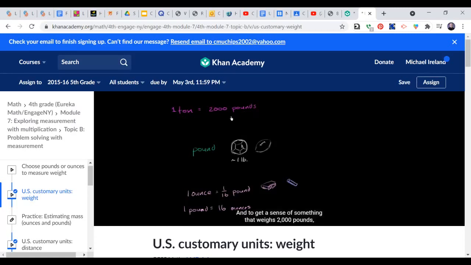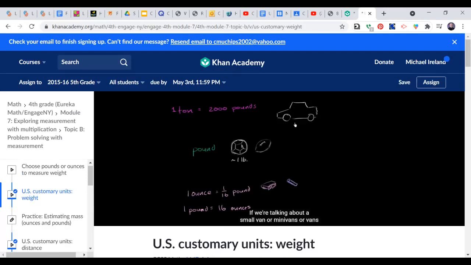And to get a sense of what 2,000 pounds is like, or what might be measured in tons, a car is a good example. Your average mid-size sedan would weigh about a little under to a little over 2 tons. So a little under to a little over 4,000 pounds.